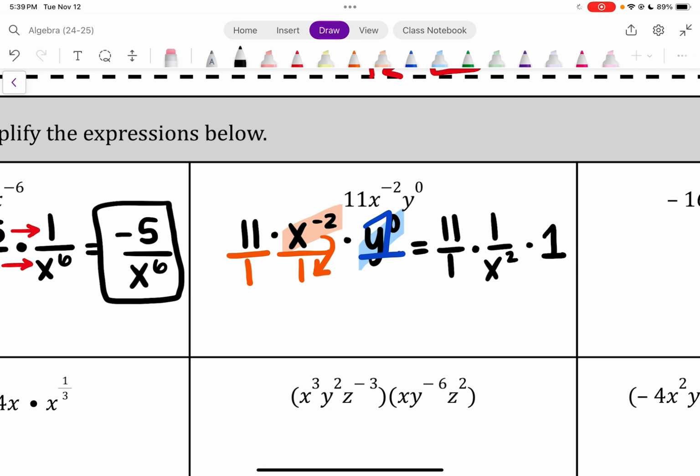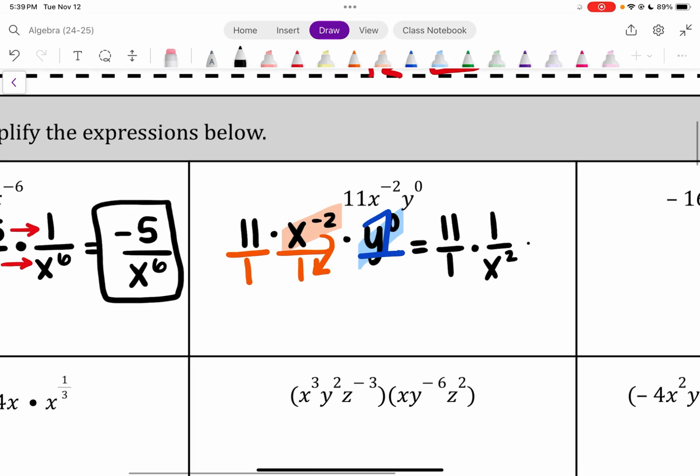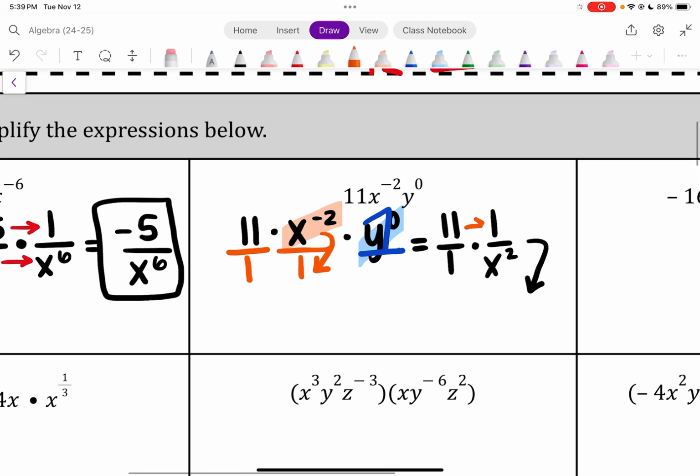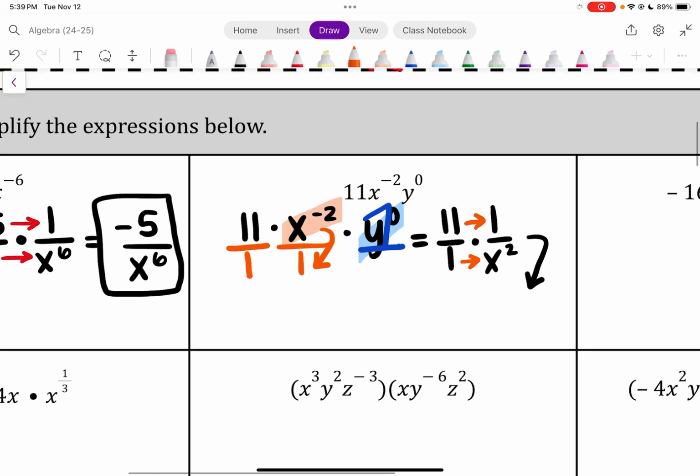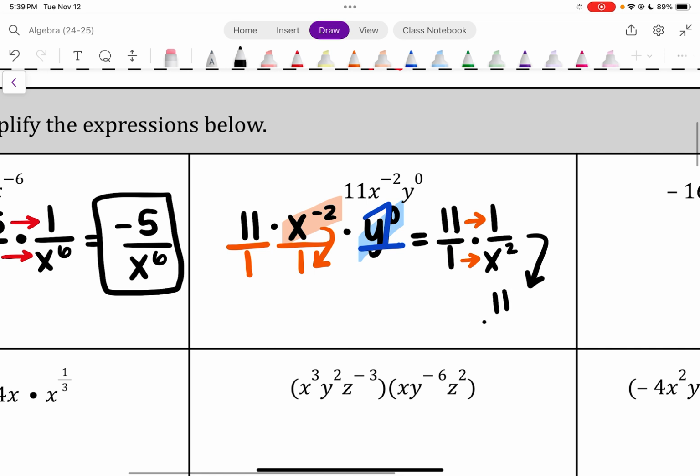But anything times 1 is itself, so we don't even really need to see that. We can finish by multiplying straight across, and our final answer is 11 over x to the power of 2 because we have a positive, happy exponent now.